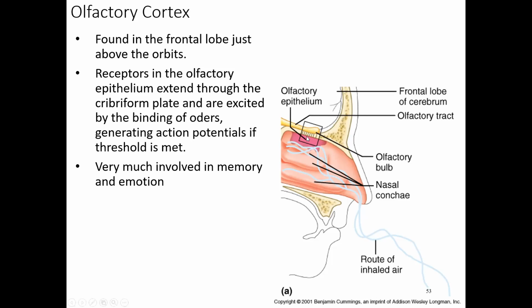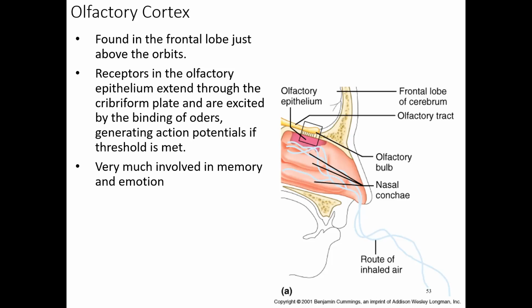There's our olfactory epithelial cells, and we generate action potentials or graded potentials that may become action potentials, and we send those signals into the olfactory bulb, which goes into the olfactory tract, and then that goes into the frontal lobe. And if we have threshold, we detect an odor.